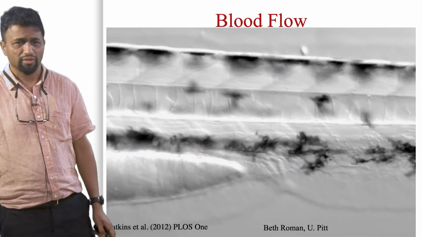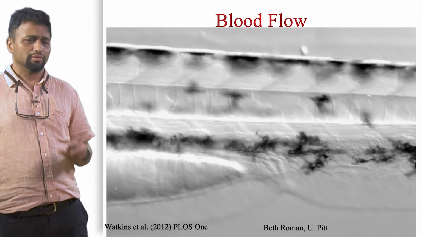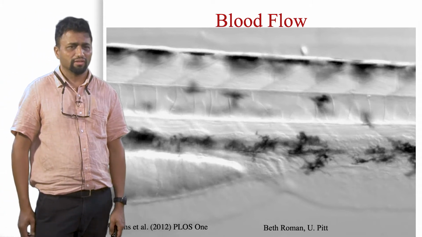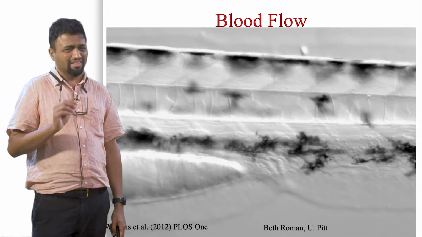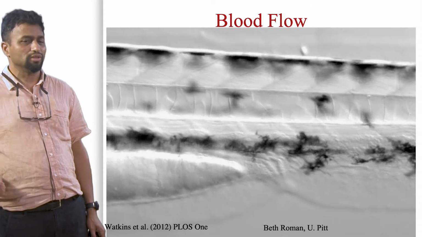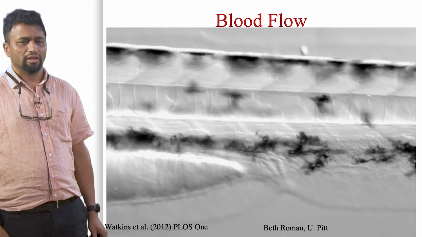In this example, the image is taken of a transparent zebrafish embryo, where red blood cells provide enough contrast in bright field microscopy that you can actually see single cells flowing past.